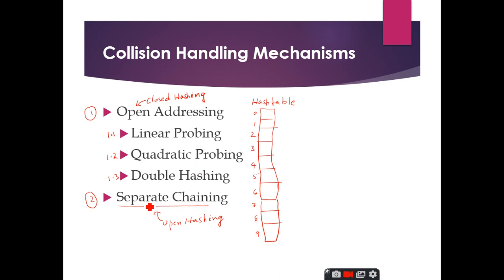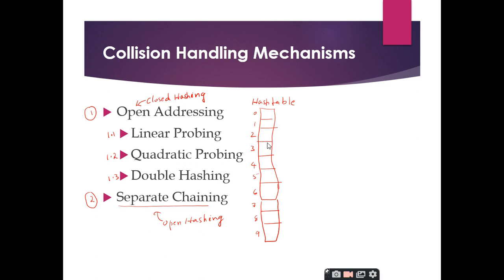So there is no mandate that you should always store the values inside the hash table slots only. For the hash table slots we will create a linked list, and then we will link each and every node to this hash table slot. This is the main difference between open addressing and separate chaining.